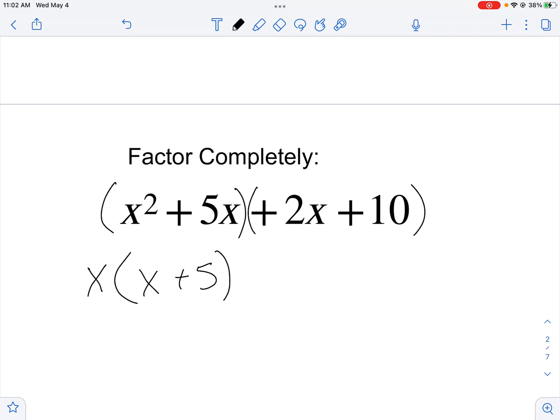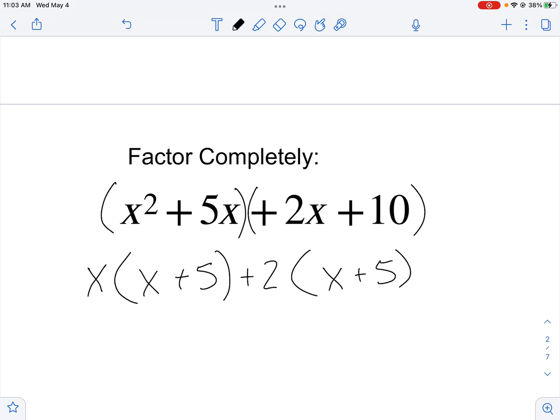All right. If I look over here, I've got 2 and 10. And when we're factoring, we're really dividing in a way. So is there a number that divides 2 and 10? There is, it's 2. What does that leave me with? Well, 2 divided by 2 is 1, x. Don't have to write the 1. And 10 divided by 2 is 5.